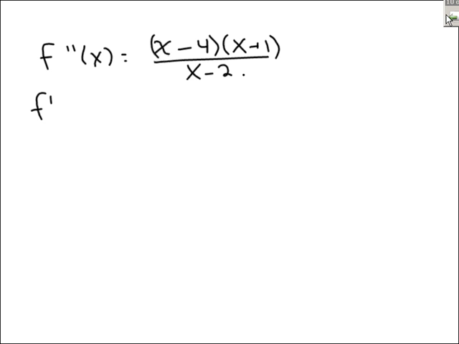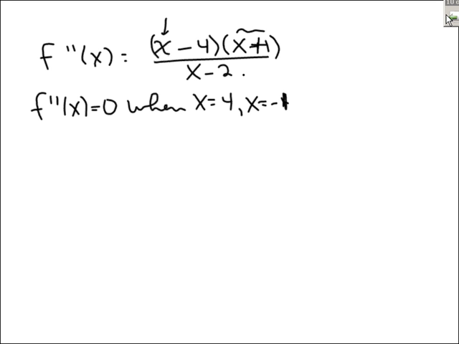Now, where does f double prime of x equal 0? When x is either 4 or x is negative 1. The values that make the numerator 0, but not the denominator. That's the plus sign here. x is 4. 4 minus 4 is 0. 4 plus 1 is 5. 0 times 5 is 0.